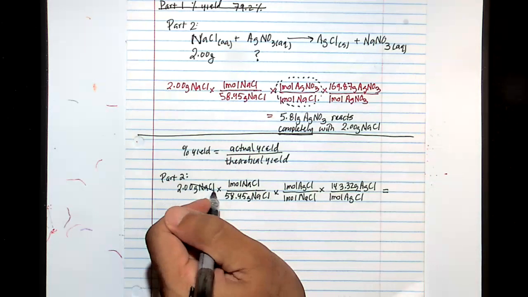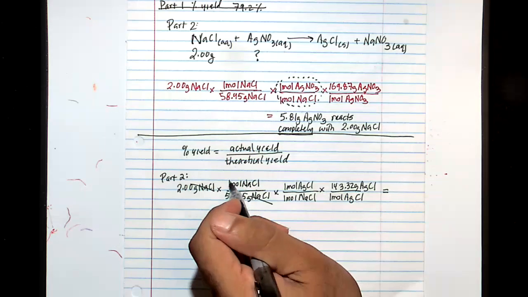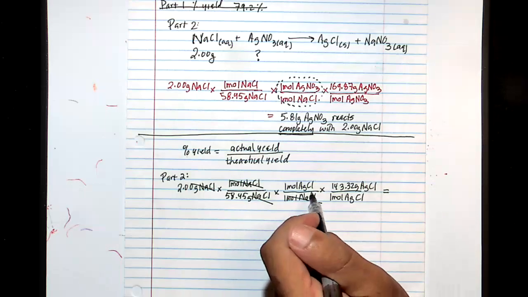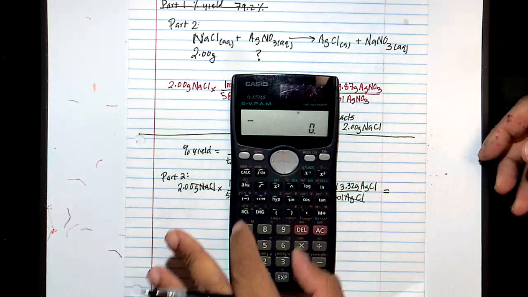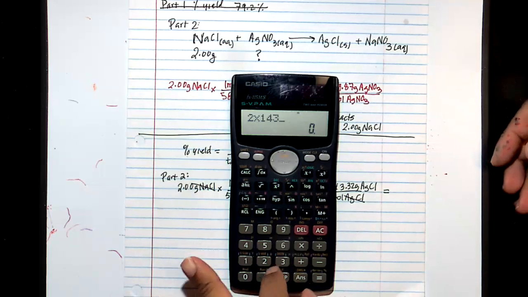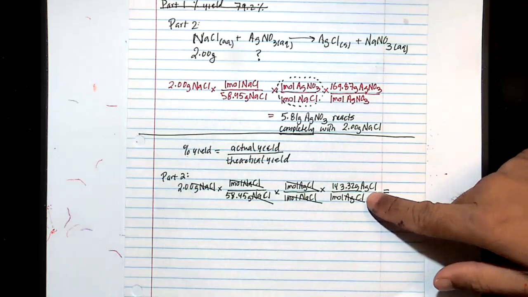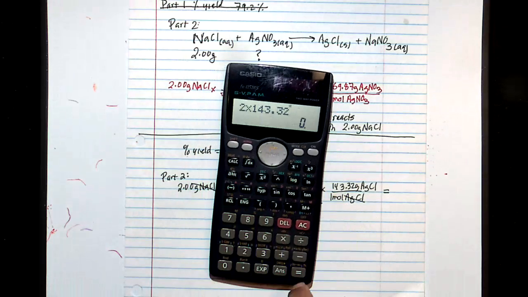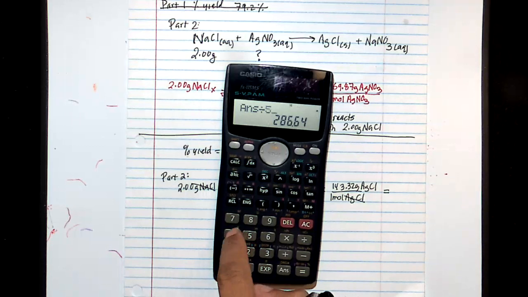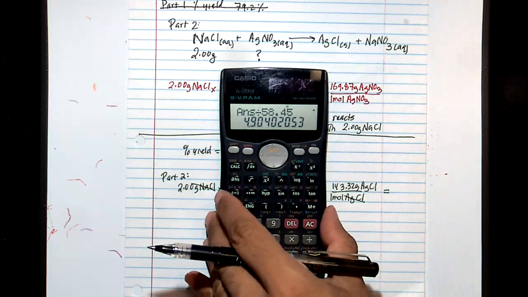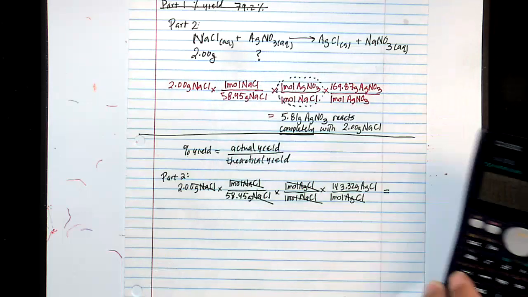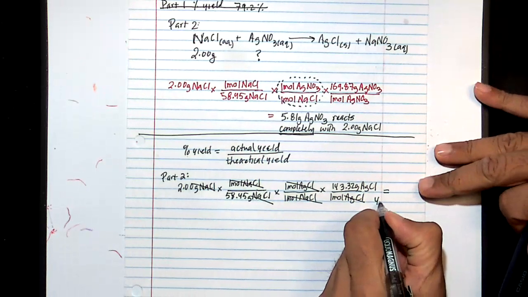So grams of NaCl cancel, moles of NaCl cancel with moles of NaCl, moles of AgCl cancel with moles of AgCl. So we have 2 times 143.32, and then divided by 58.45. That's 4.90 grams of AgCl.